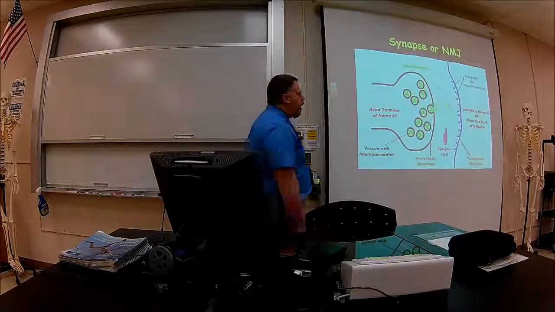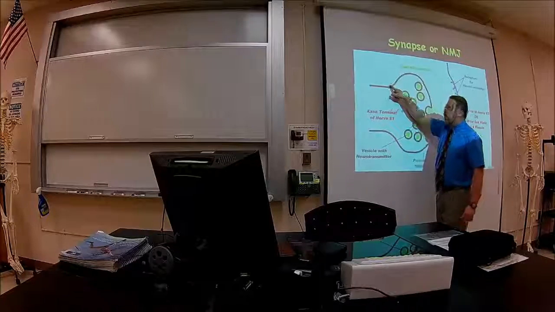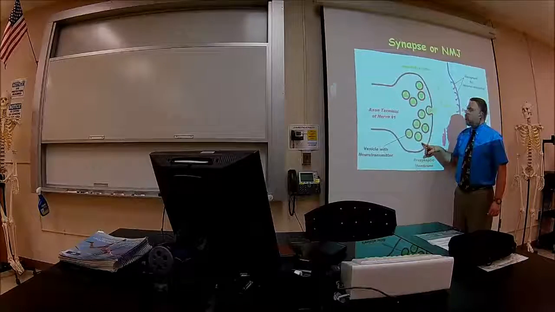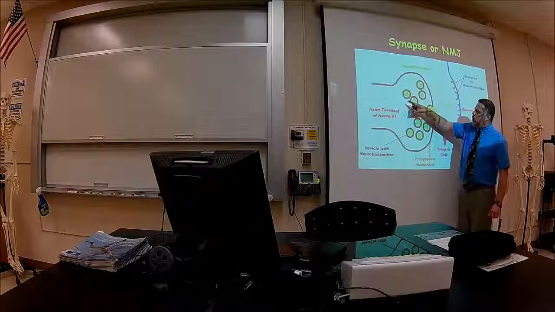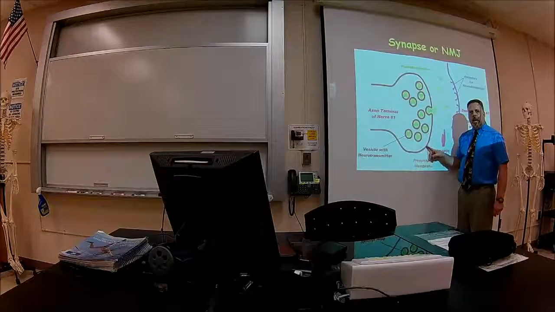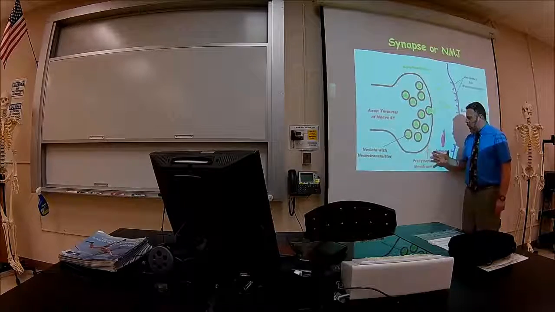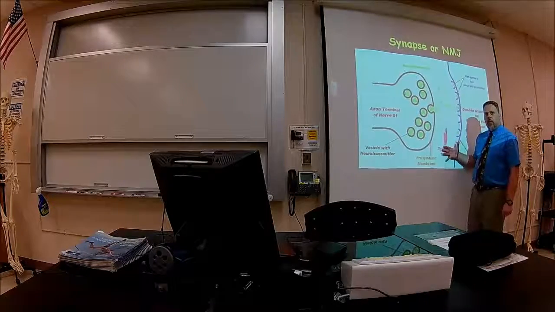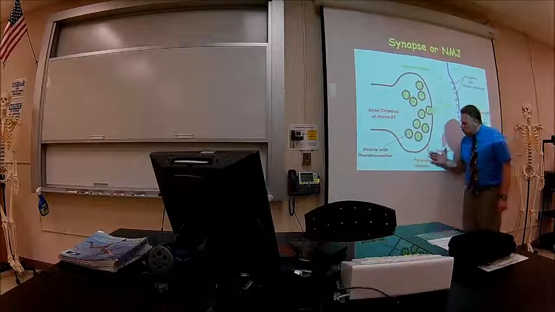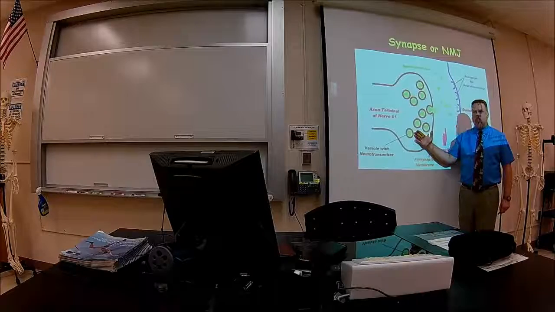So just to reiterate, the action potential comes down here. Here's the axon terminal. Once the action potential reaches the axon terminal, it's going to open up calcium channel gates over here, to allow calcium that's sitting around in the synaptic cleft to go into the cell, specifically into the axon terminal.